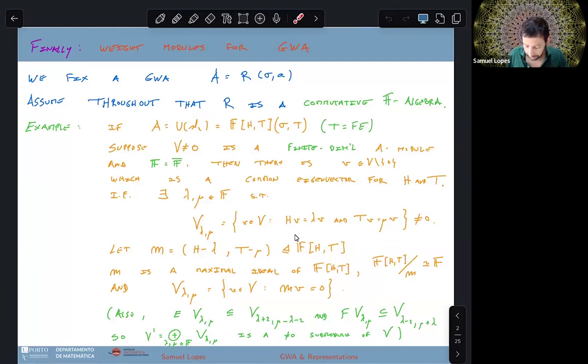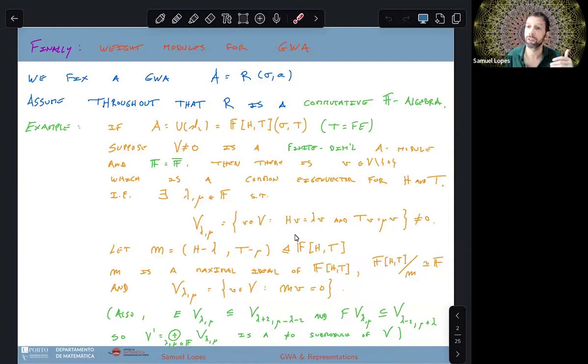Saying that H acts as lambda and T acts as mu on the space is the same thing as saying that all the elements in this two-sided ideal will act as zero on the space, because H minus lambda will act as zero, T minus mu will act as zero, and any element in this ideal, which will be this element times a polynomial plus this element times a polynomial, will necessarily also kill a common eigenvector.